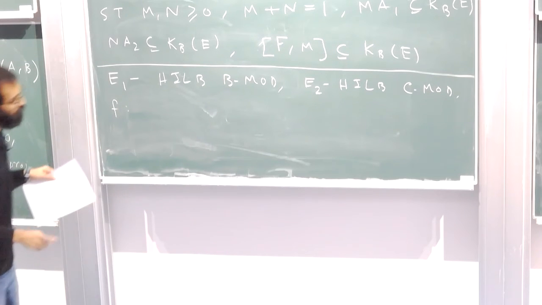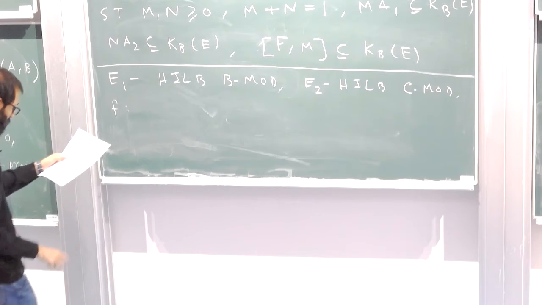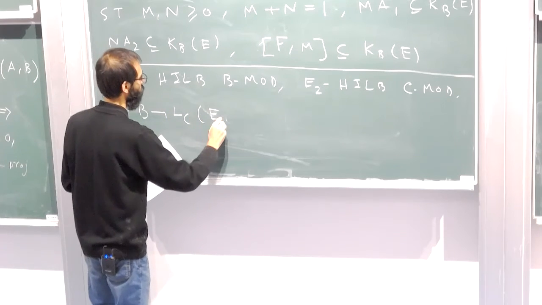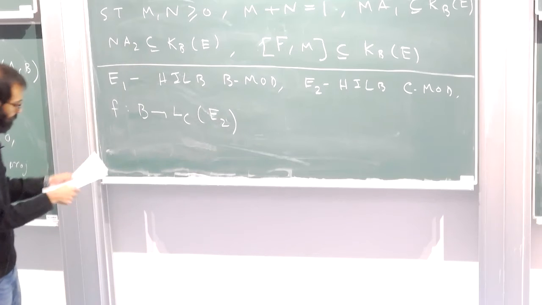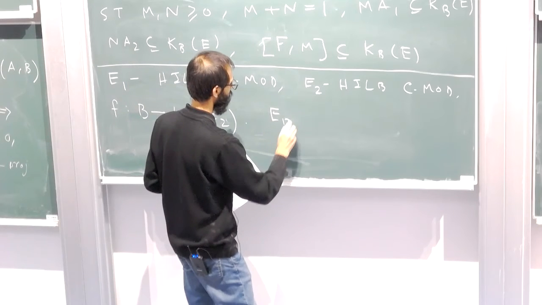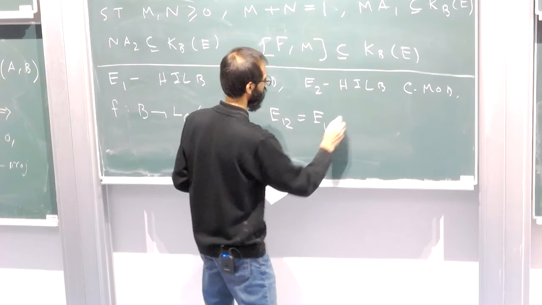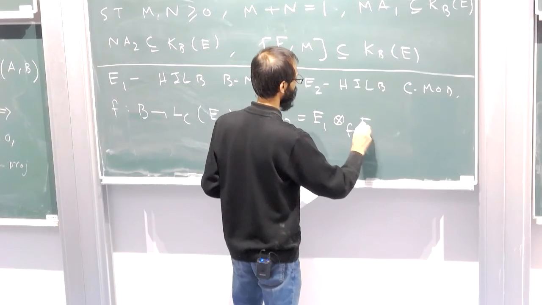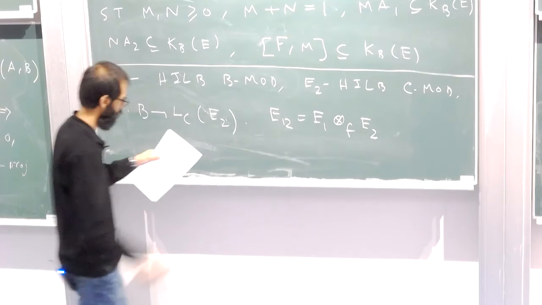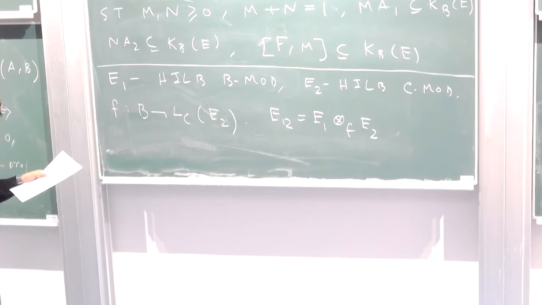Let's just write F instead of phi2. Phi2 is hectic. A star homomorphism, so that I can form the internal tensor product E1 tensor E2 over F, and I write it as E1 E sub 1 2.